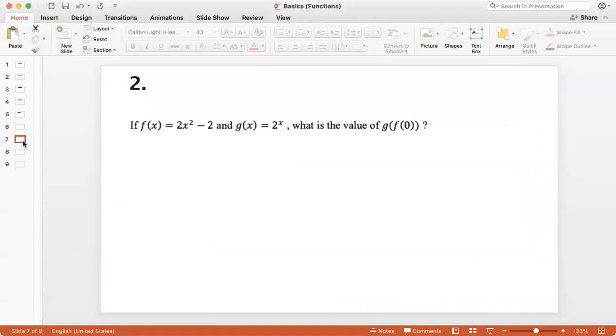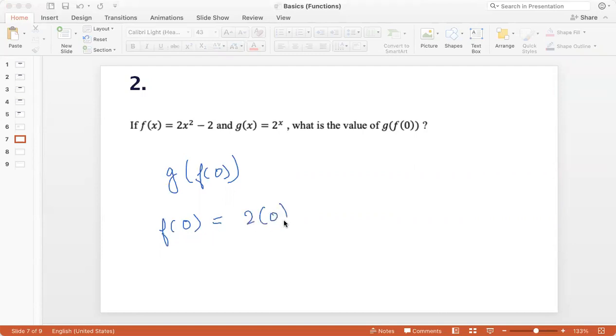Okay. Question 2: if f(x) is 2x squared minus 2 and g(x) is 2 to the power x, what is the value of g(f(0))? So let's first find f(0). f(0) will be 2 times 0 squared minus 2, which is just minus 2.